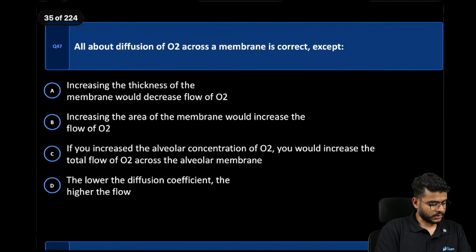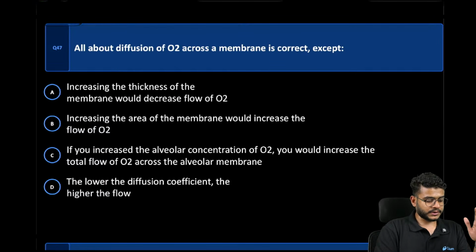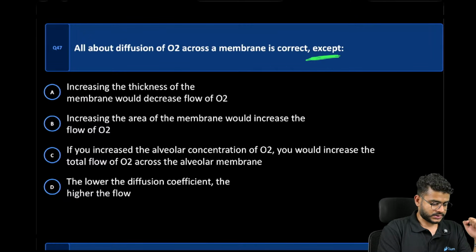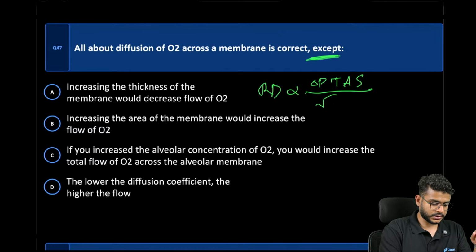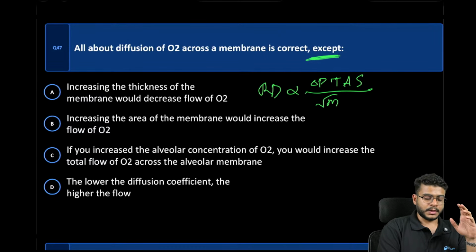Next question. All about diffusion of O2 across the membrane is correct, except, so we should find the wrong statement. First of all, let's keep in mind that rate of diffusion is directly proportional to change in pressure, temperature, surface area, solubility, and inversely proportional to root of molecular mass of the gases and the thickness.